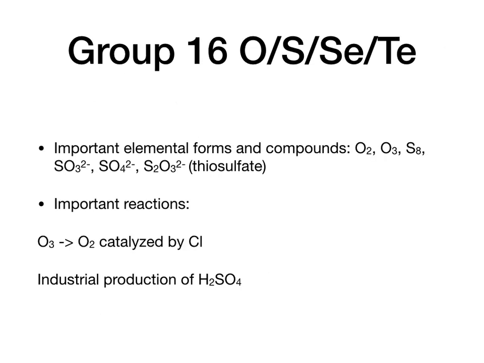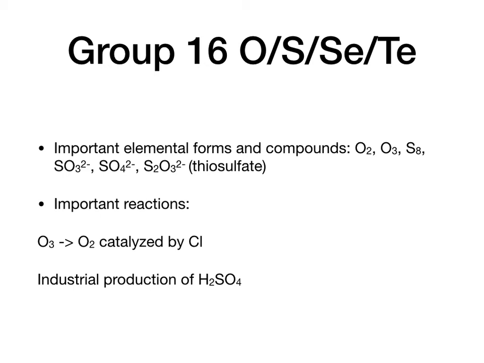All right, group 16, that's oxygen, sulfur, selenium, and tellurium. Important elemental forms and compounds in this category are oxygen, and then there's ozone. Ozone's Lewis dot structure or resonance structure is an interesting case that you should look into.